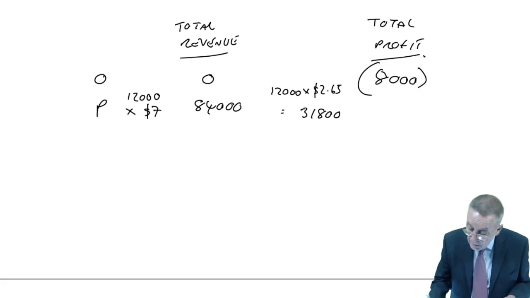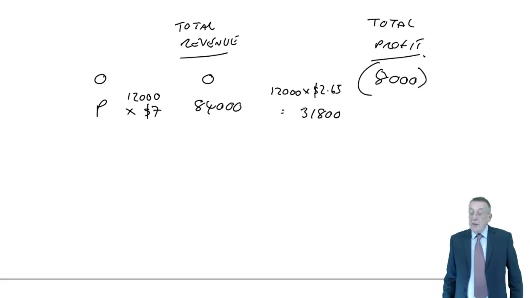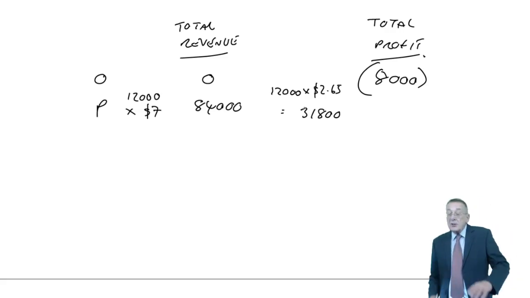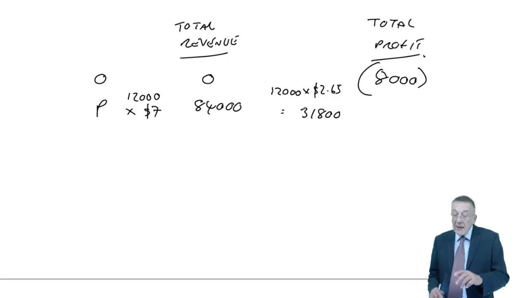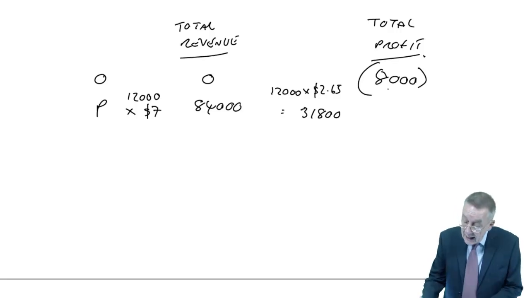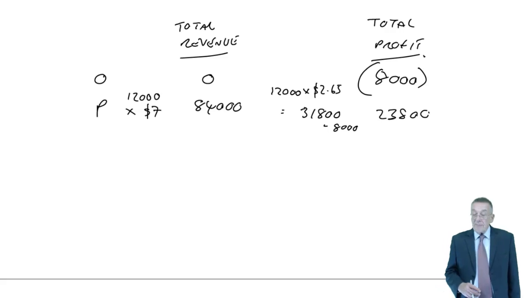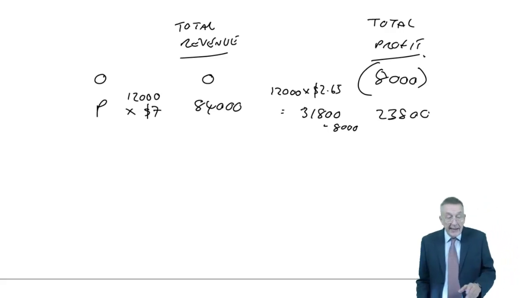But be careful, although the contribution would be 31,800, the fixed costs are still there, of course, of 8,000. And so the profit would be 31,800 less 8,000, 23,800. So that's what's going to happen if we were only selling P.